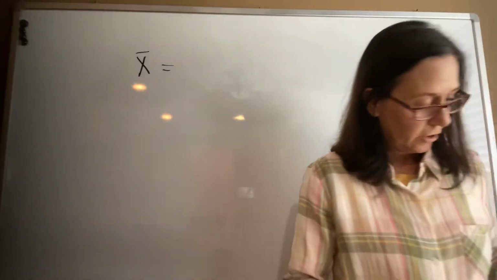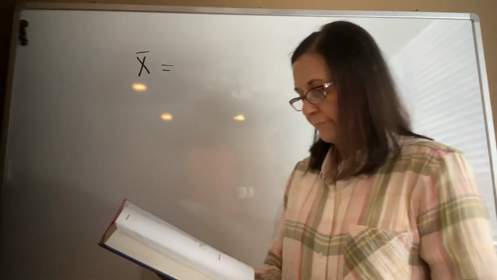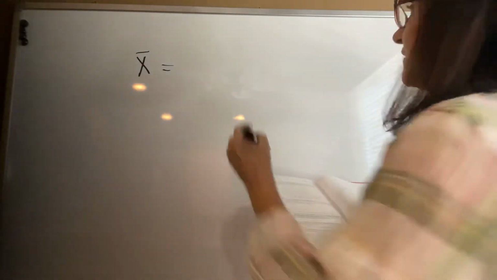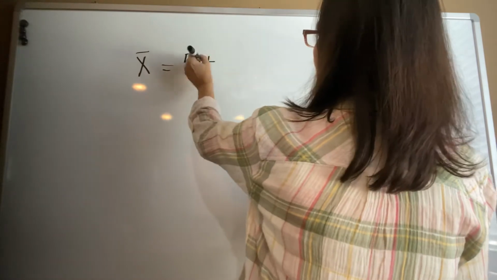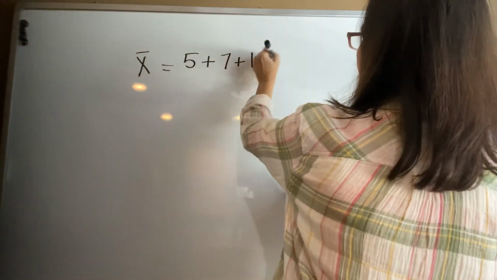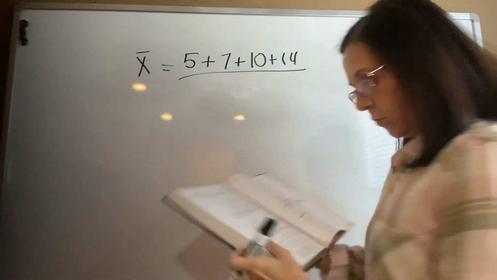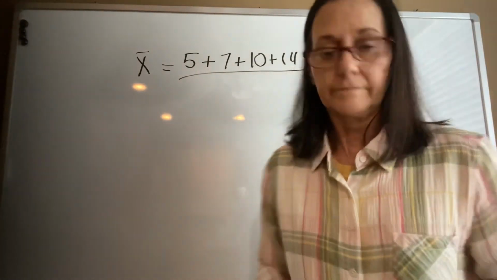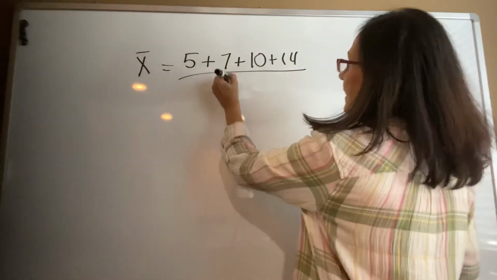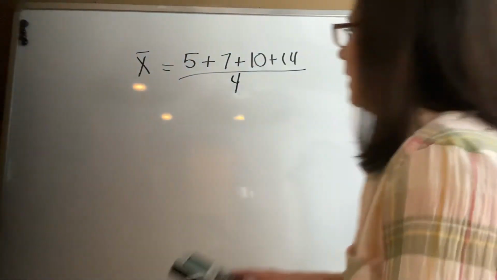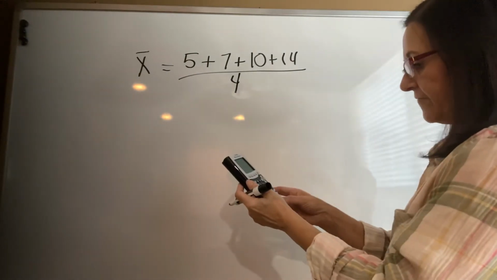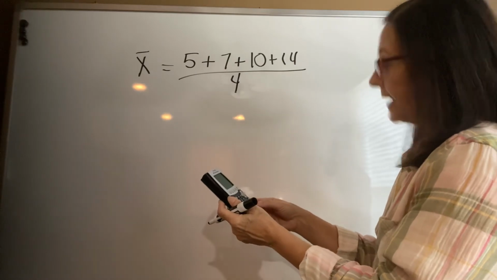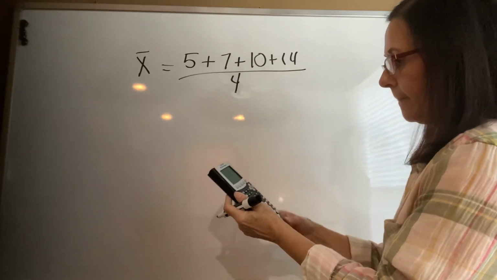Looking at the values 5, 7, 10, and 14, we calculate the mean of those. So I'm going to divide by 4. When I calculate the mean, that's 5 plus 7 plus 10 plus 14 divided by 4, so it's 9.